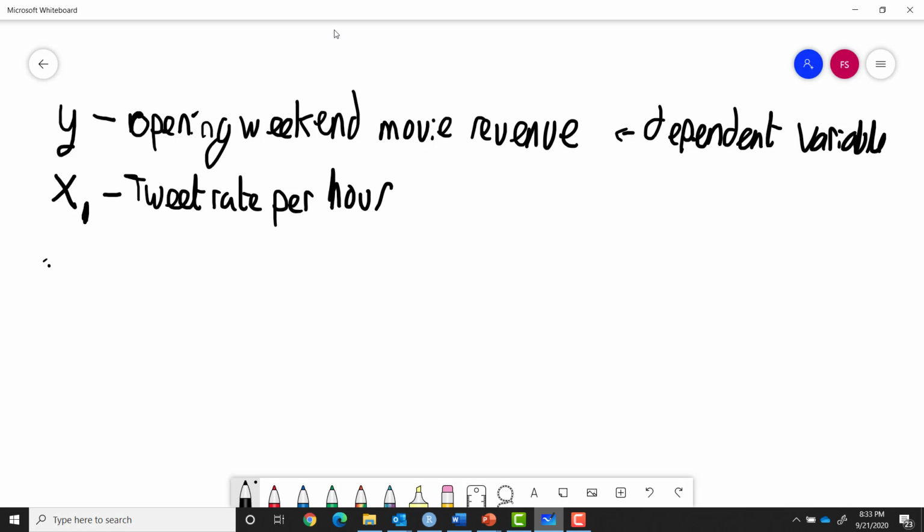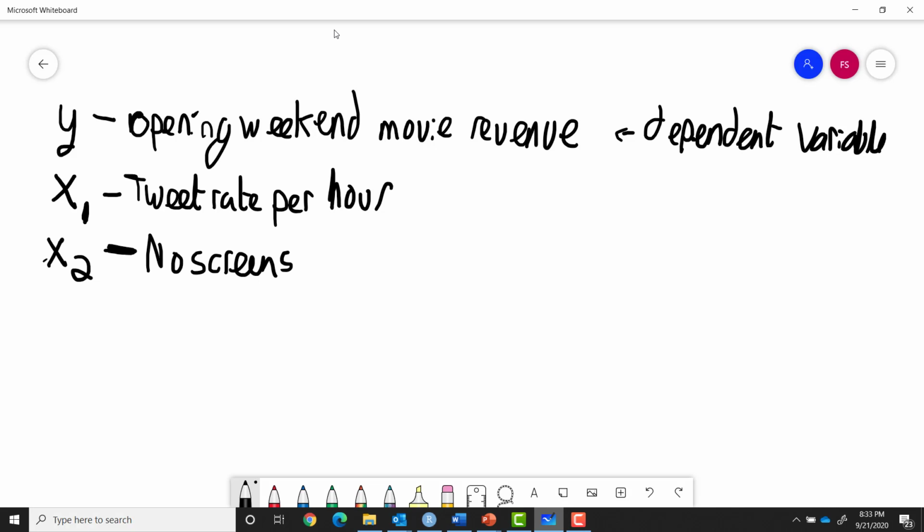And my x2 is going to be, let's just say, the number of screens. That's going to be a pretty good predictor.